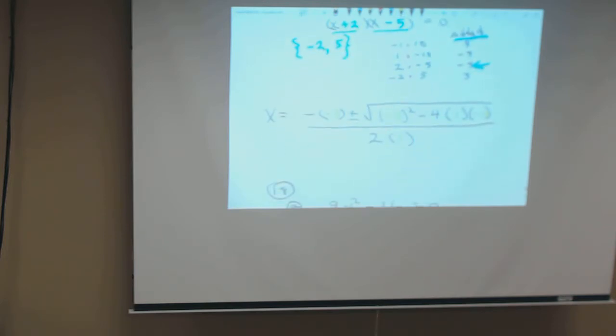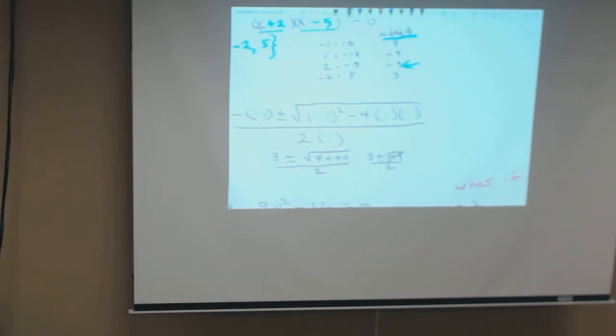And what happens when I work that out? 3 plus or minus the square root of 9 plus 40, all over 2. 3 plus or minus the square root of 49 all over 2 is 3 plus 7 over 2 and 3 minus 7 over 2. That would be 5 and -2. Everybody follow the process?